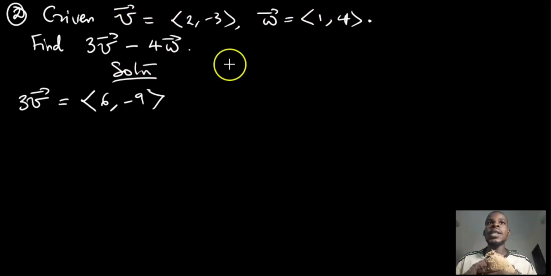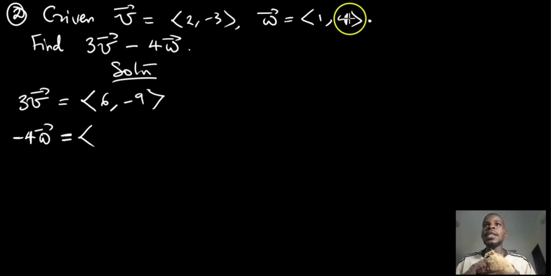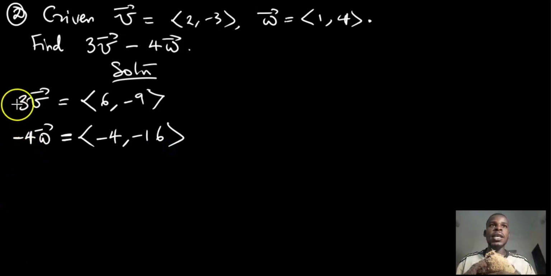Then we have vector w as this, but we need to multiply it by 4 and then subtract. So we multiply by negative 4, so that we can add these two together, right? We multiply each of these entries by negative 4, so it should give us negative 4 and then negative 16. Then the next thing we have to do is add these two together. That is how we get the negative result.